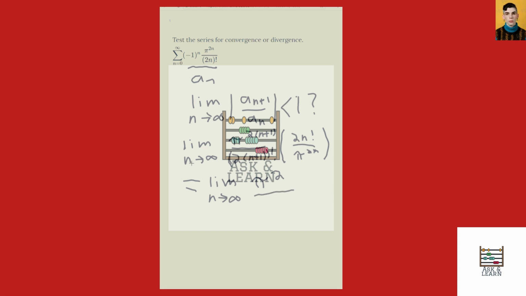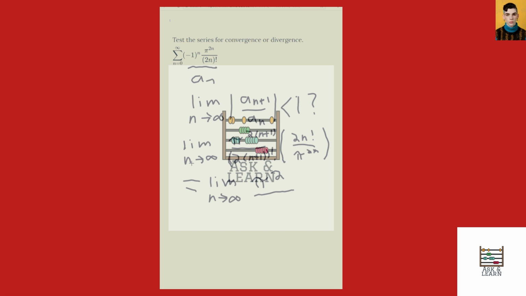Okay, and if we remember how the factorial works, 5 factorial, for example, is 5 times 4 times 3 times 2 times 1. So 2n factorial is 1 times 2 times 3 times 4, all the way up to times 2n. And then down here, we're doing the same type of multiplication, except we're going all the way up to 2n plus 2 after we expand that. So there's going to be a ton of cancellations occurring.